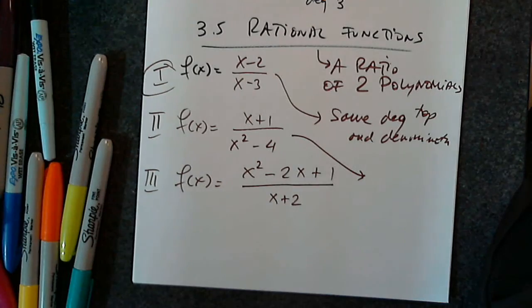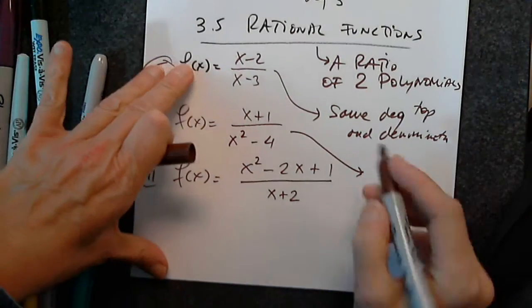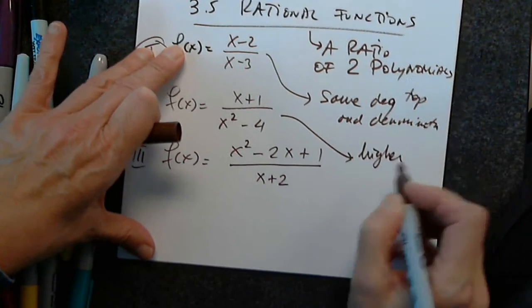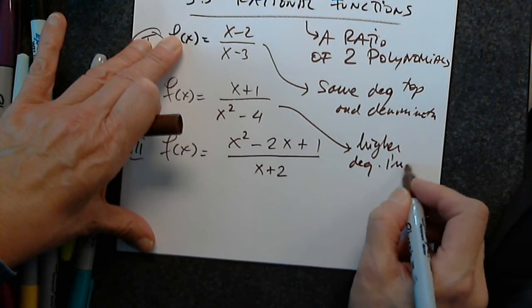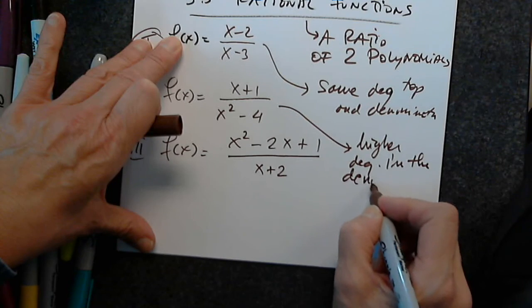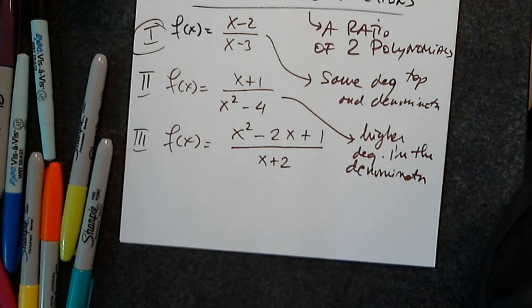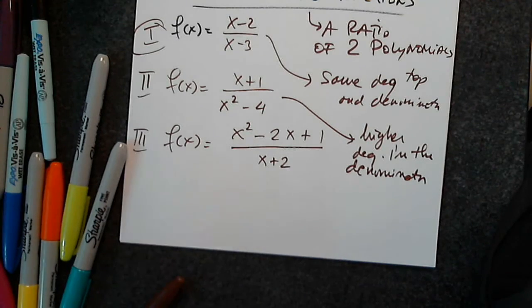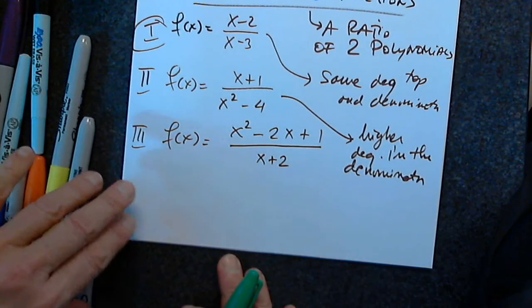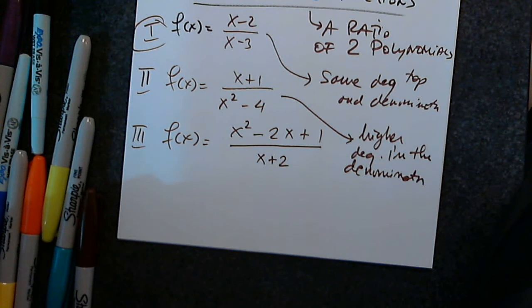Okay, perfect. What would you say about the second one? Higher degree in the denominator. That's all I need. Type 2. And what about the last one? Yes, but we are limited here, only by 1 unit higher.